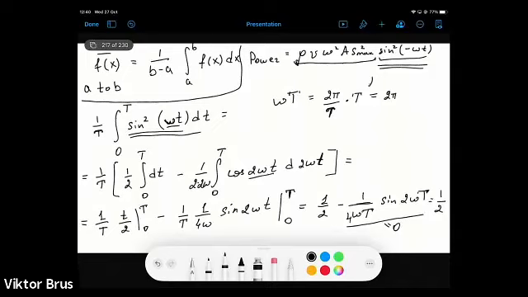Keeping this in mind, we need to multiply the constant in front of this sine square minus omega t by 1/2, and that will give us the average power transmitted by the sound wave over an interval of 1 period.